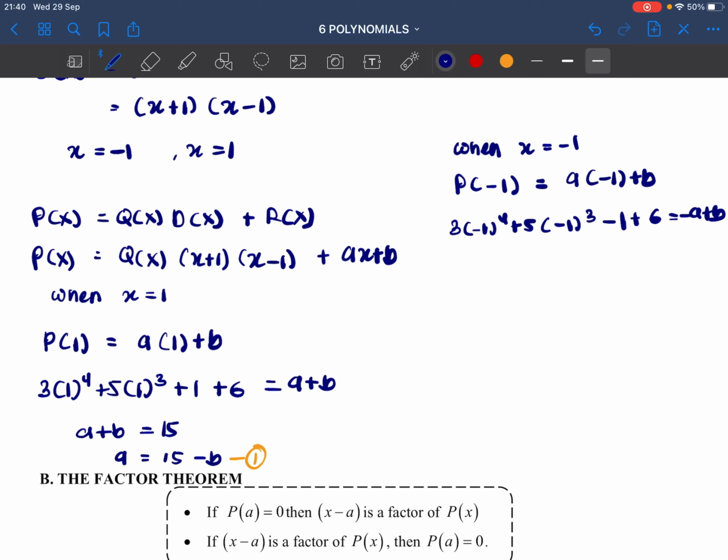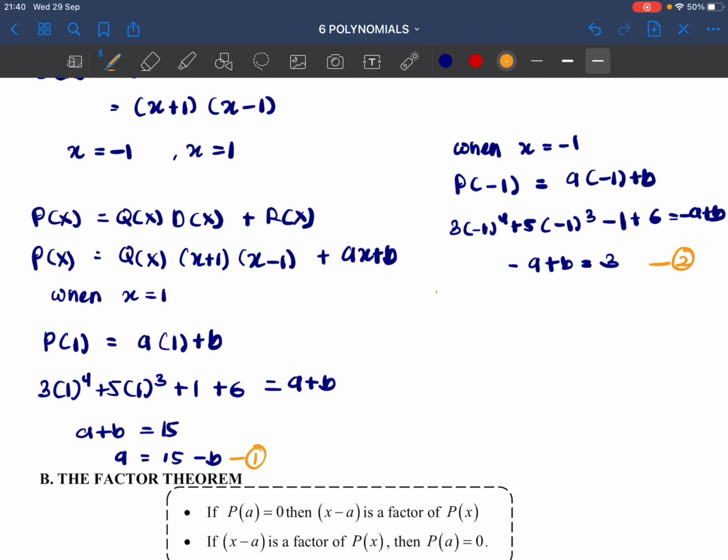Okay, now on your left hand side we are going to get 3, so negative a plus b equals 3. Okay, so this will be our second equation.